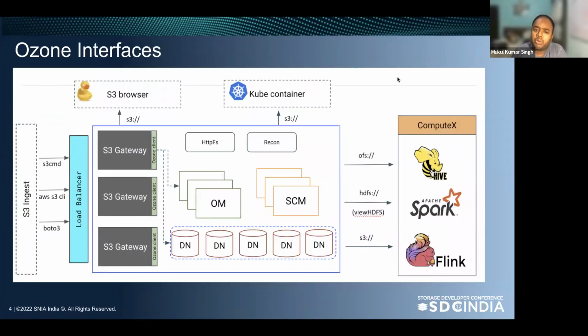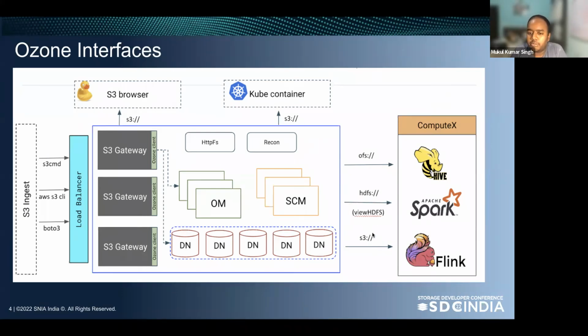Let's now go a little bit further into the Ozone interfaces. On the right, we have different kinds of compute frameworks, which are Hive, Spark, and Flink. They can interact with Ozone using either the OFS protocol, which is our Hadoop compatible file system, or, right below, the S3 protocol.